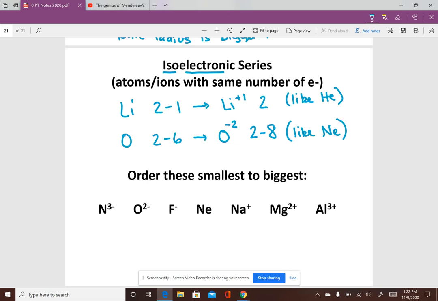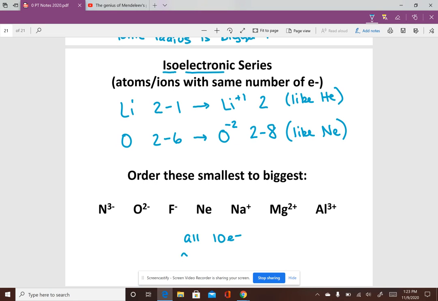These are all 10 electrons. If you go through and look at their atomic number and either add for negative ions or subtract for positive ions, you'll figure out that all of these have 10 electrons, right?